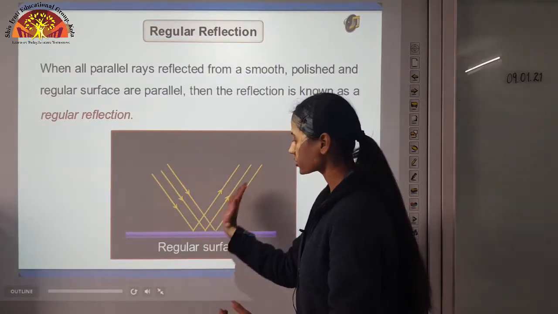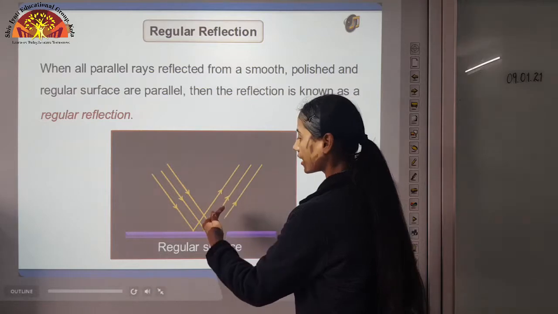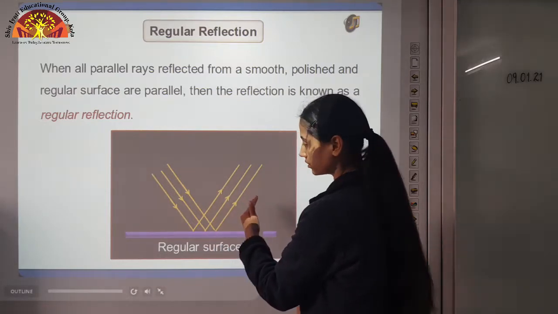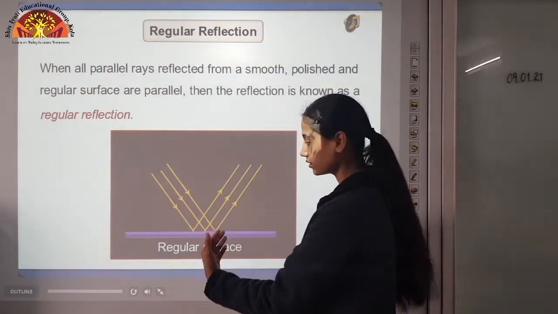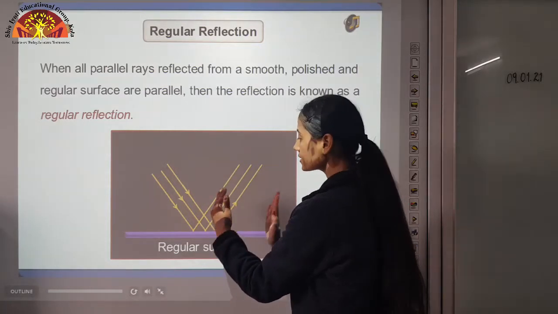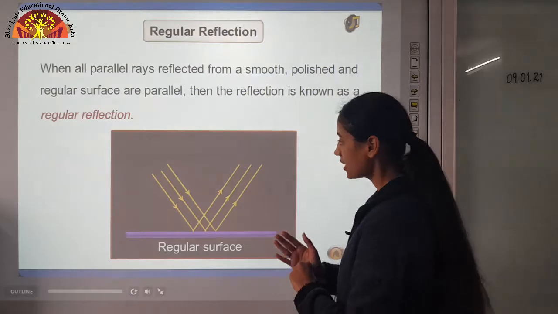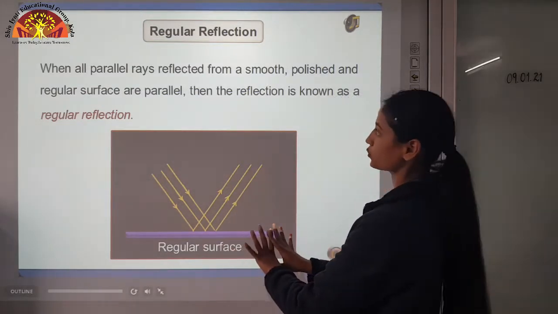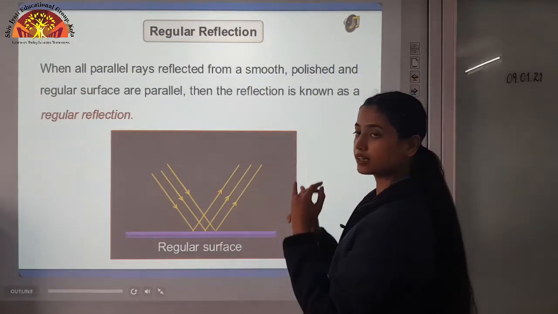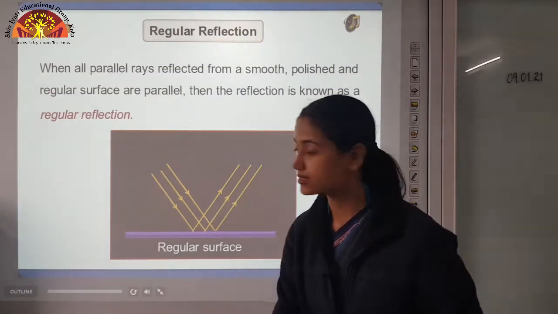After reflection, all those light rays are again parallel to each other. They are reflected in the same direction. So this type of light rays forms a sharp and clear image, and this type of reflection is known as regular reflection, which is done by the smooth surface.